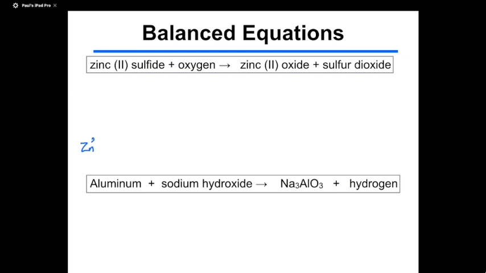It has a +2 charge because that's what it says. Sulfide is S, number 16. It will become a -2 because it's in the oxygen group, but I could also look that up. So a +2 and a -2 come together and it is happy.